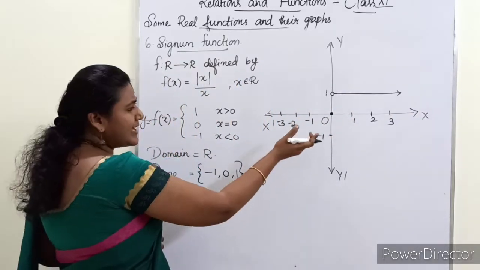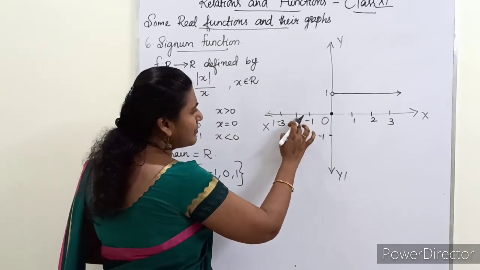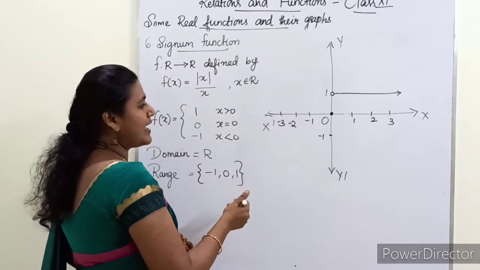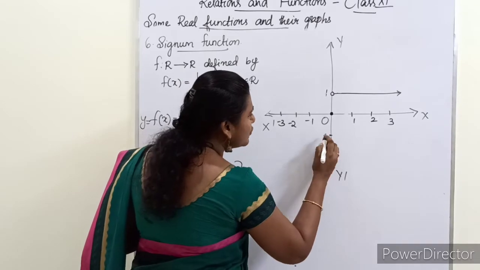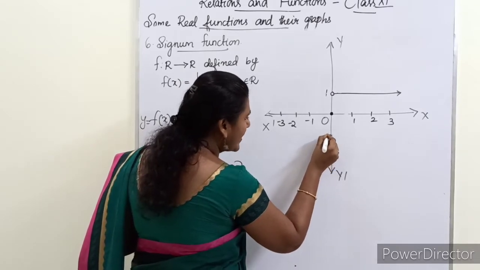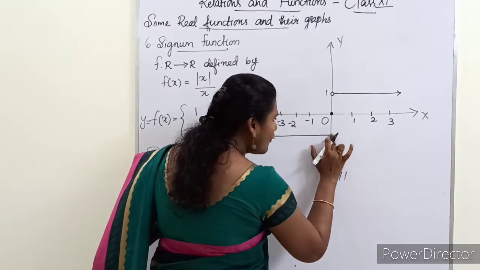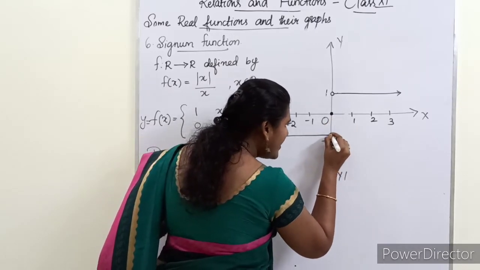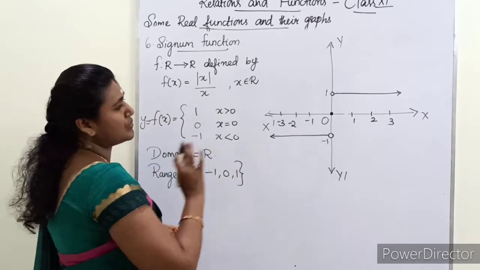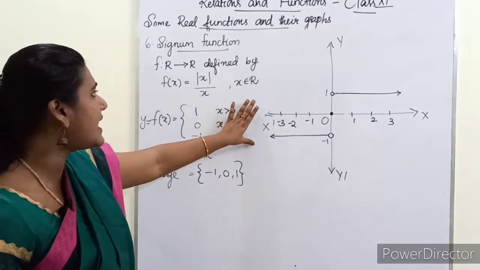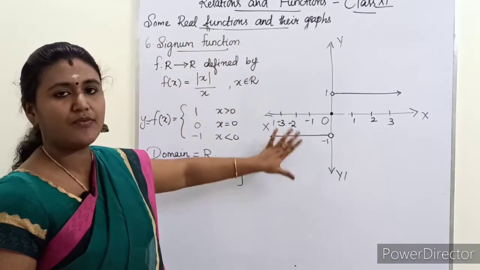Next, if you are taking x is equal to minus 1, minus 2, minus 3 or negative values, you will always get y value as minus 1. So the graph will be always like this. And here also for x is equal to 0, y will not be minus 1. So you have to draw like this. So this is the graph of a signum function.